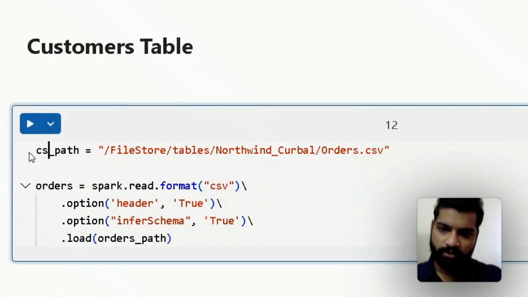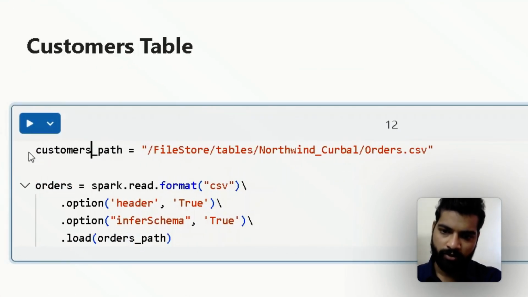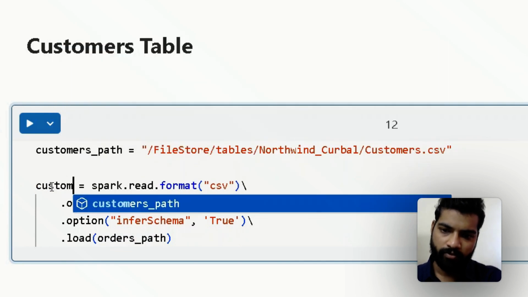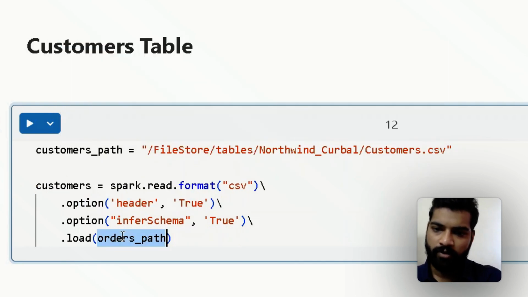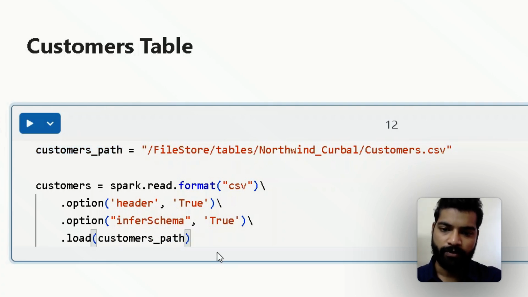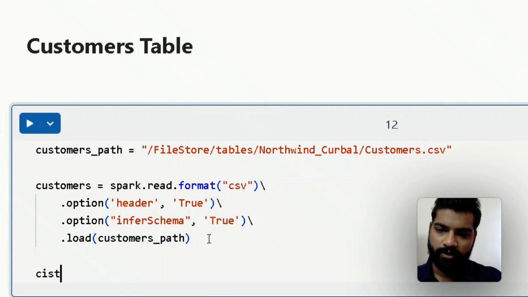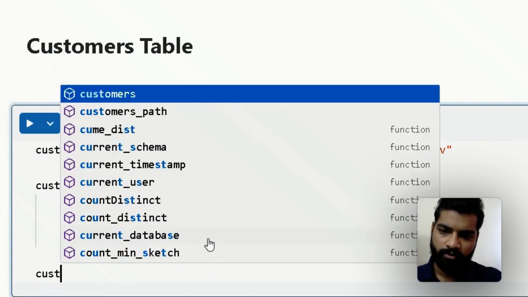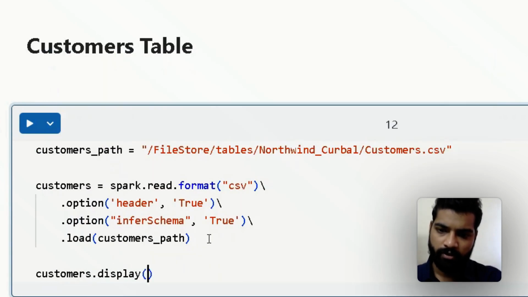Okay, let's load the customers. Customers, customers. Now let's copy this variable, Control C, customers path. Customers dot display.